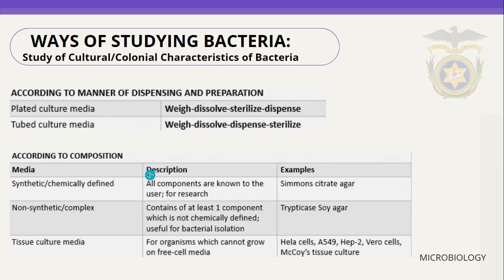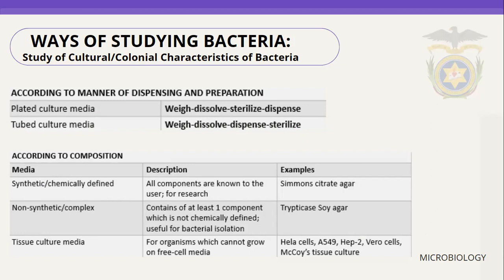Let's move on to their classification according to composition. For the first one, we have the synthetic or chemically defined. This means that all components are known to the user, and it's mainly for research purposes. An example here is Simmons citrate agar. The next one is non-synthetic or complex, and it contains at least one component which is not chemically defined, and it's useful for bacterial isolation.